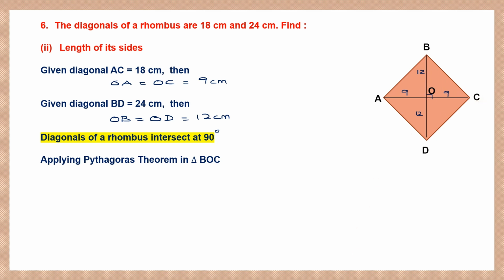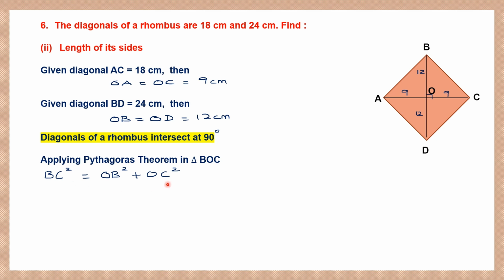BC square, according to the Pythagoras theorem, the hypotenuse square is equal to the sum of the squares of the other two sides. What are the other two sides of that triangle? OB. So OB square plus OC square. When you calculate this, you will find BC square, and when you find the square root, you will get BC. You will be able to get the measurement of this side. That's why we are applying the Pythagoras theorem.